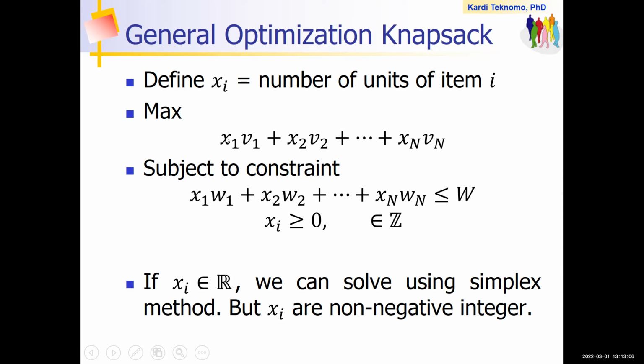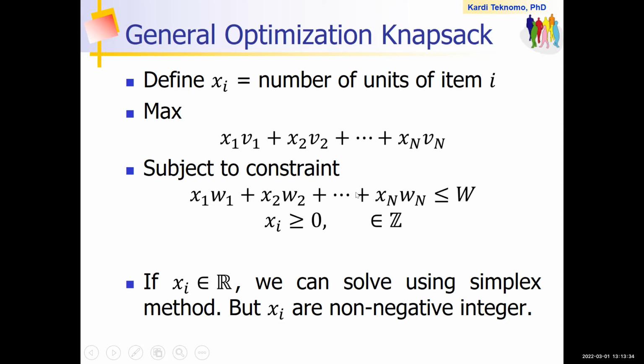What is xi? xi is the number of units of item i, and v1, v2, v3 until vn are the values, that is like the benefit, subject to the constraint of the cost. x1 times w1, that means the number of items 1 multiplied by the cost or the weight of item 1, and so on.